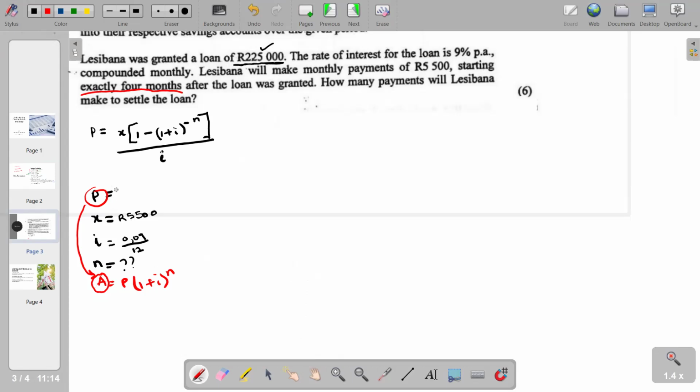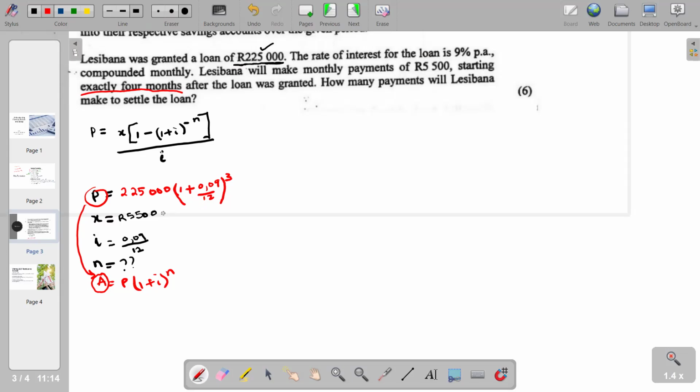So this P is the value of the loan, 225,000, adjusted for the 3 months. So it's going to be 1 plus I, our I is 0.09 divided by 12, raised to the power 3, which is the 3 months.